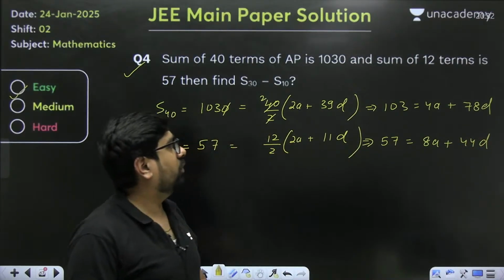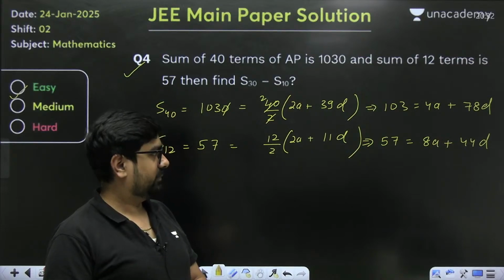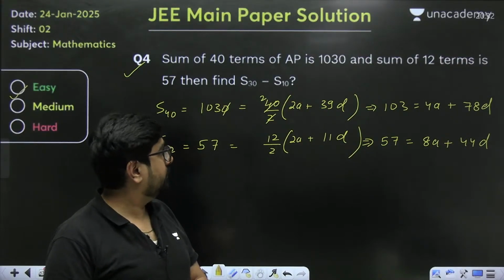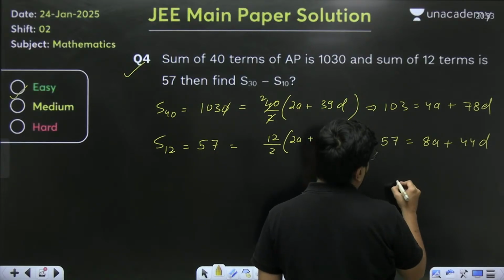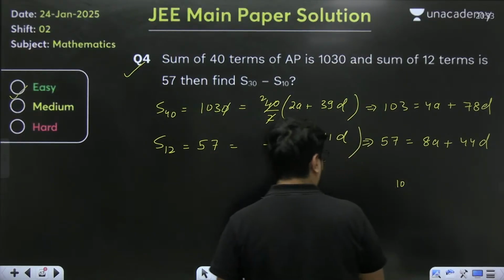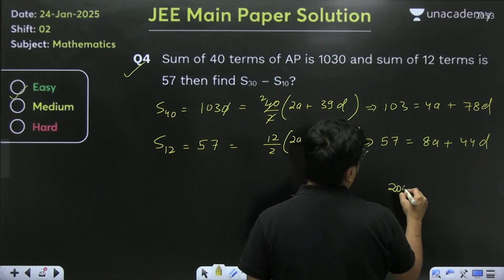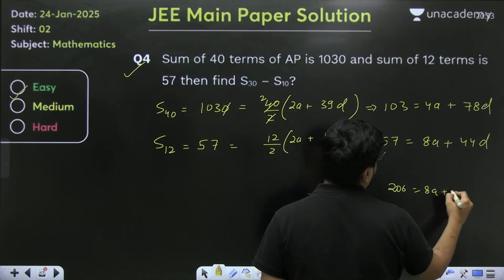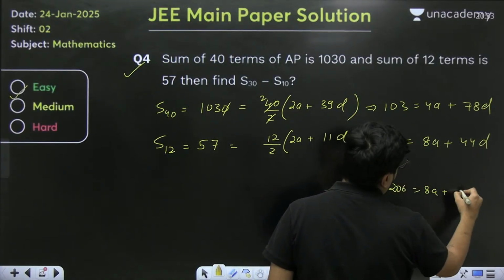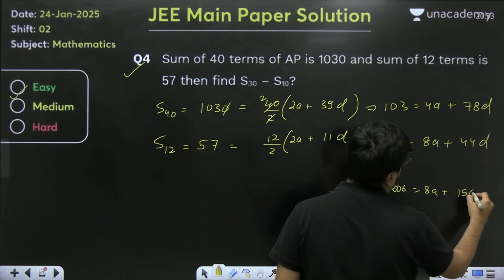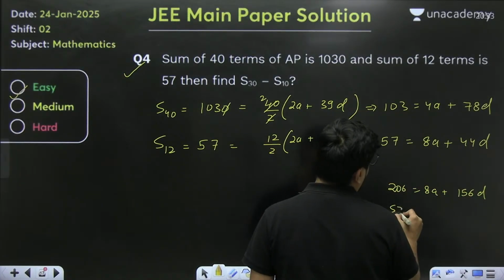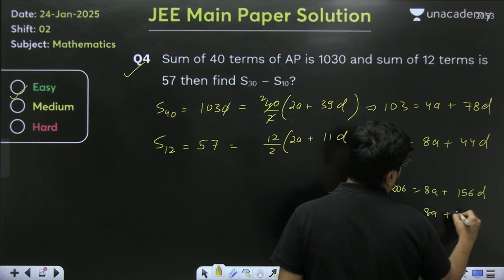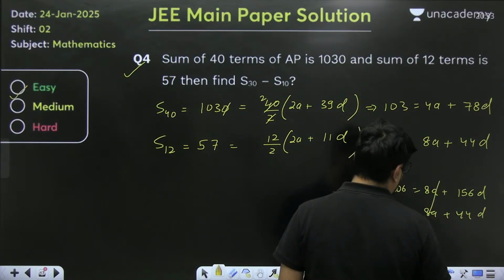I think this can be solved very easily. Once you have A and D, let's find A and D. So this will become 206 equal to 8A plus 156D, and this will become 57 equal to 8A plus 44D. Let's solve. This gets cancelled.